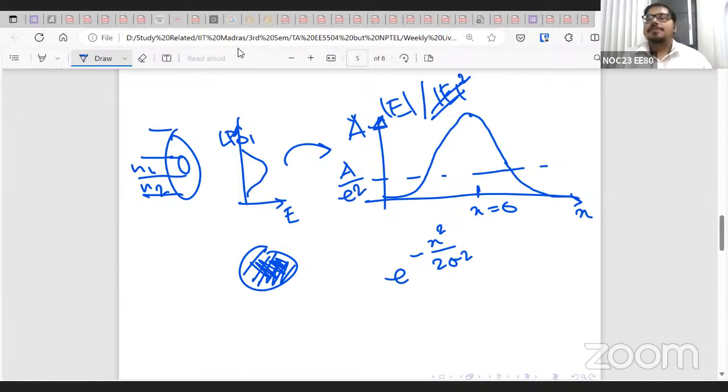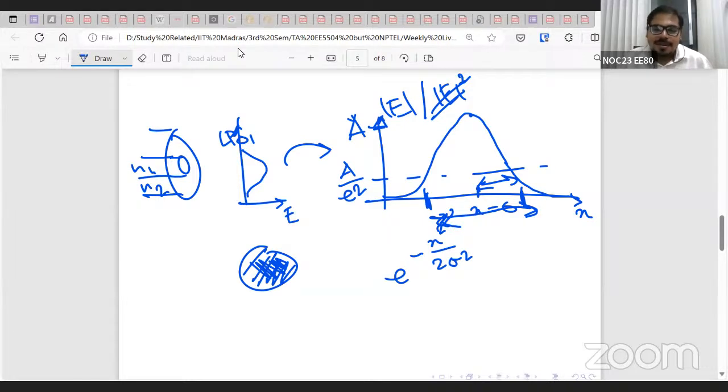What is the distance from the center where the value falls off to 1 by e squared of the maximum value? That much will be the mode field radius. Mode field diameter will be this distance.